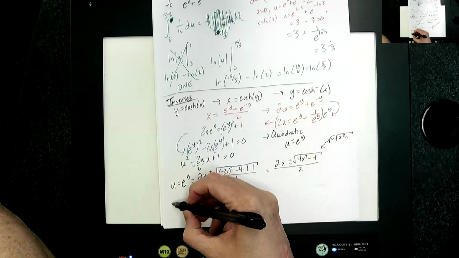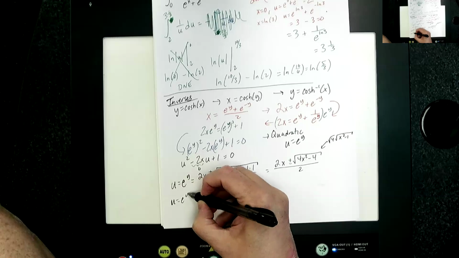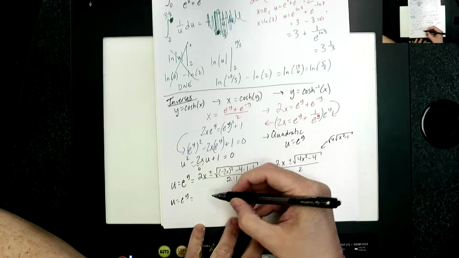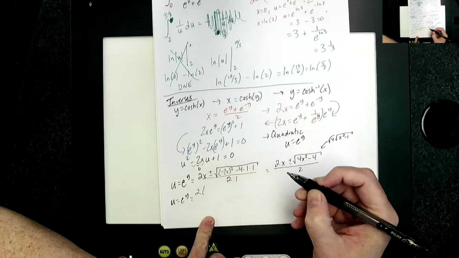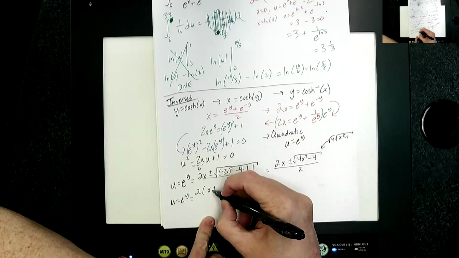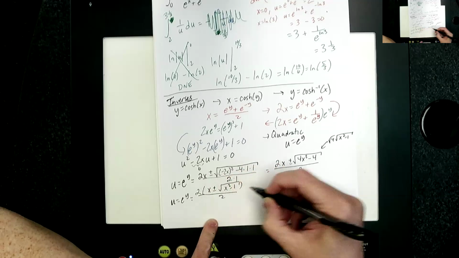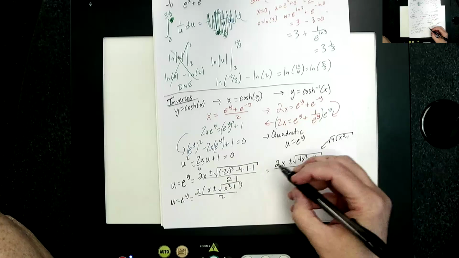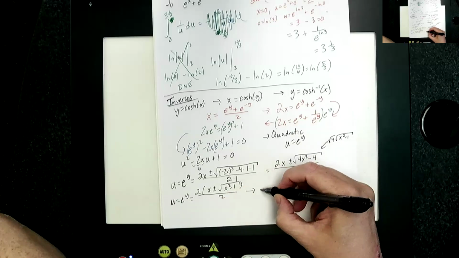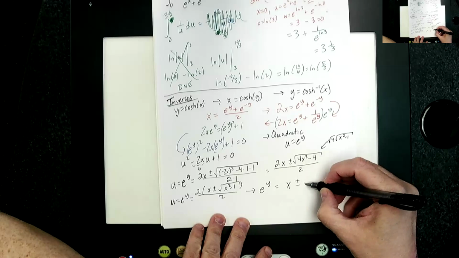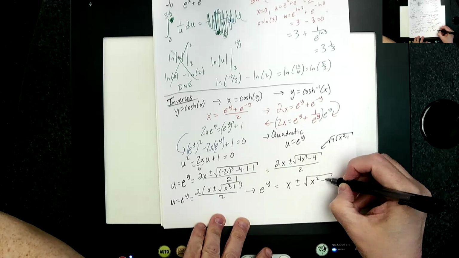So u, which is e to the y, equals 2 times x plus or minus the square root of x squared minus 1 on top, 2 on bottom. The 2's cancel. e to the y equals x plus or minus the square root of x squared minus 1.